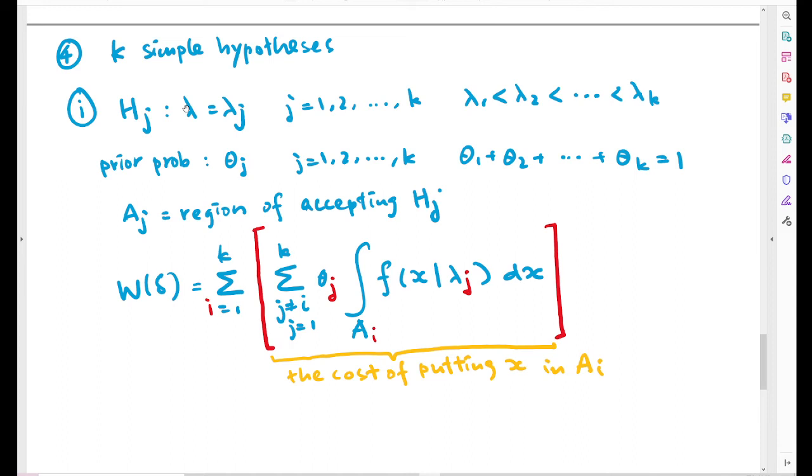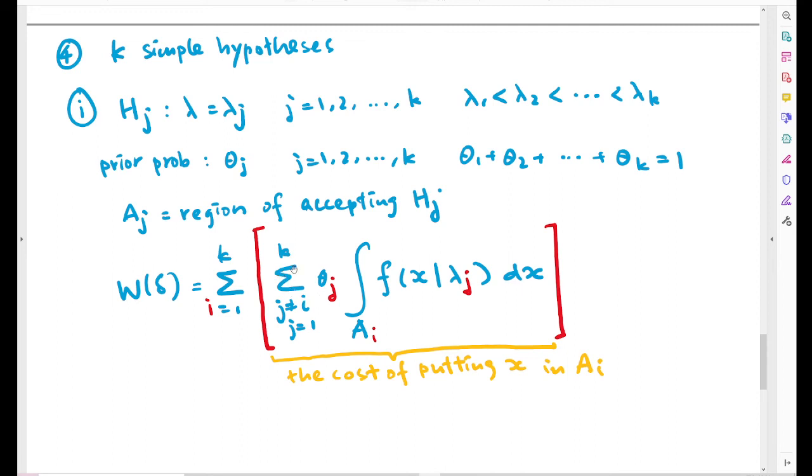Then the corresponding Bayes risk is defined as follows. The idea is very similar. The terms in the parentheses represent the cost of making a mistake. For example, suppose it turns out that the true parameter is lambda i, in red color, and then we make a mistake when the true lambda is not lambda i, right?